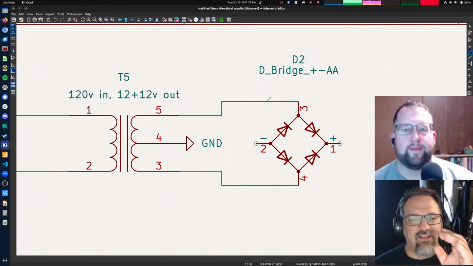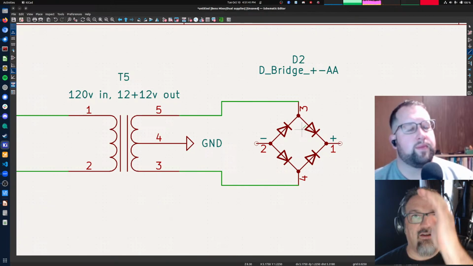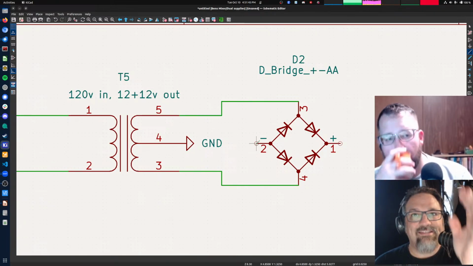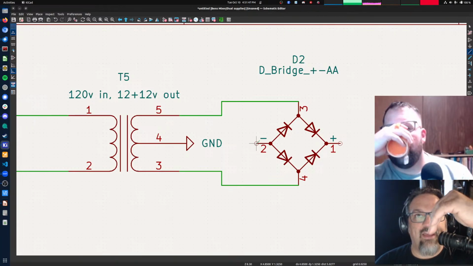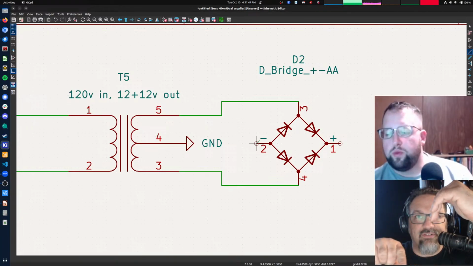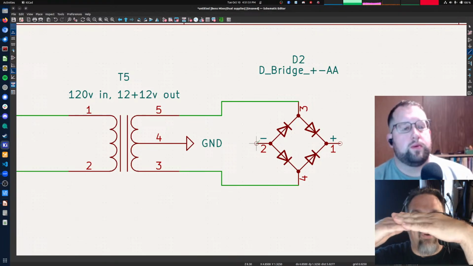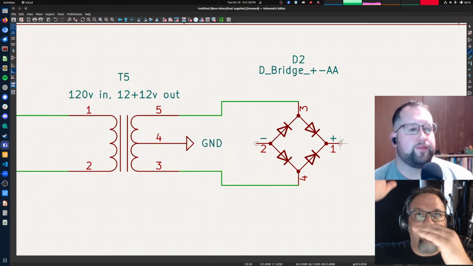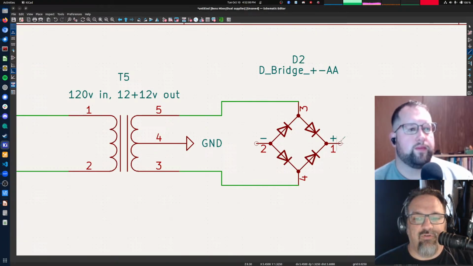Anyway, into 3 and 4 on this bridge rectifier, they are full analog signals like this. Anytime that sine wave goes below ground, that bottom half of the signal is going to show up on this pin here. Similarly, the top half of that signal is going to show up over here.